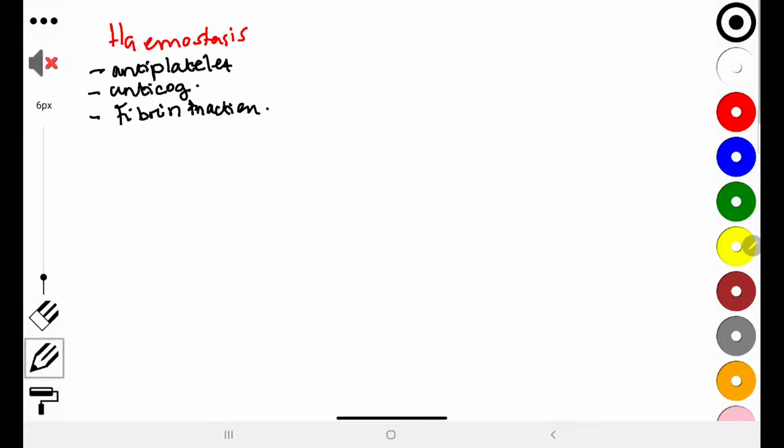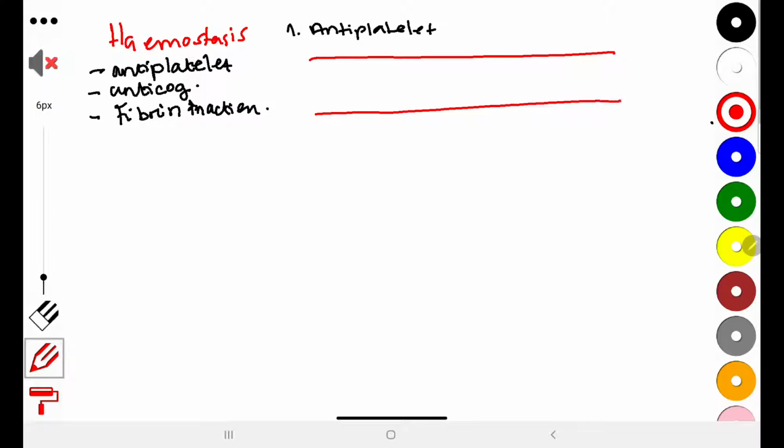We don't want platelet aggregation or fibrin formation. So these are the things that we're going to appreciate. First of all, we want to see the anti-platelet mechanisms. In anti-platelet, we are really talking about the endothelium acting as a physical barrier between platelets and the extracellular matrix that is found under the vessels.